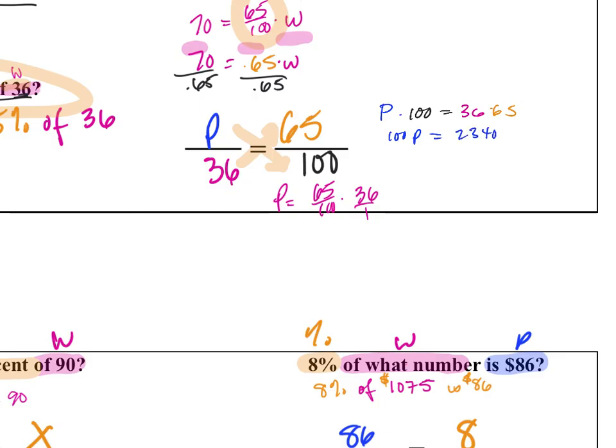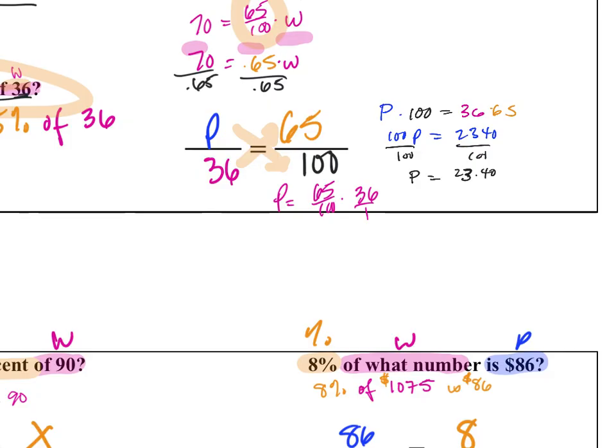Then to solve this, I'm going to divide both sides by 100, which means P equals 23.40. Now, even if you think you see the pattern and you think you're right, double check with a calculator. Always double check your work with a calculator.